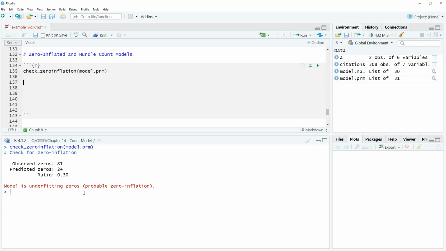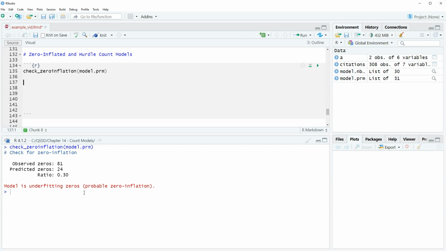Hurdle models separate the process completely. They use a binary outcome model to predict whether a count is zero or not zero, not zero being some positive number.